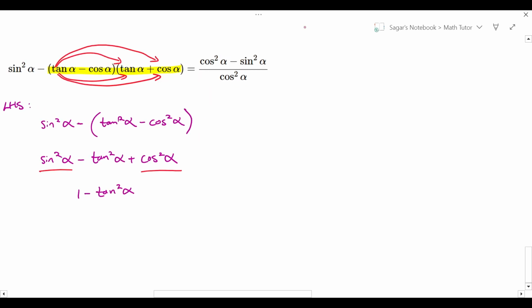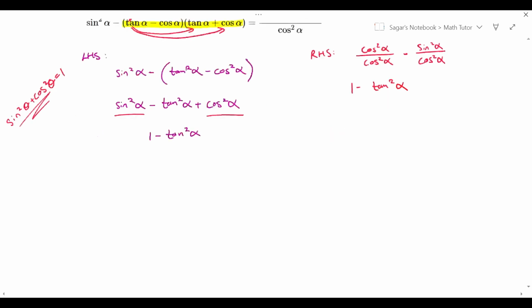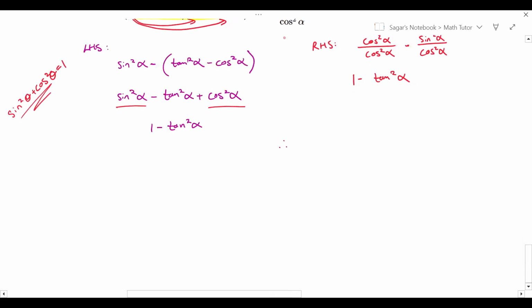Now on the right hand side, we've got cos squared alpha over cos squared alpha minus sine squared alpha over cos squared alpha. And this is equal to 1 minus tan squared alpha. Therefore, we can conclude the left hand side is equal to the right hand side.